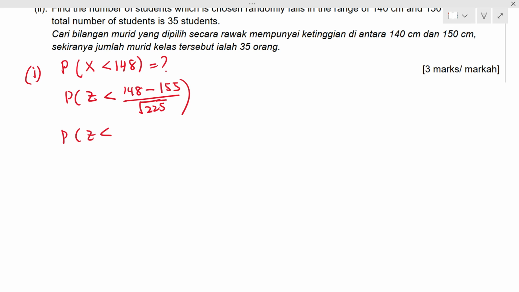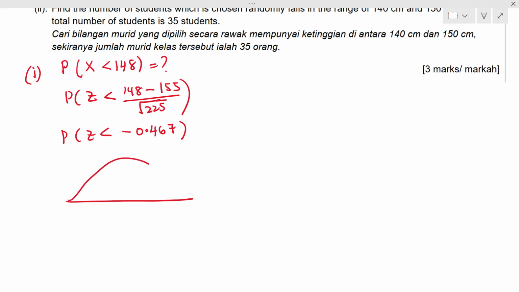148 minus 155 over square root 225. What I'm getting is negative 0.467. Make sure you get the same. You get z equals negative 0.467.